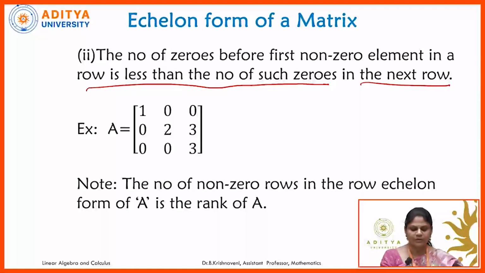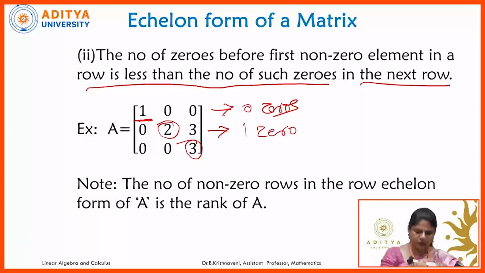Here you are getting 3 rows. In the first row, this represents the first non-zero element. Before that, how many zeros are there? There are no zeros. In the second row, the first non-zero element is 2. Before that, how many zeros are there? One zero. And in the third row, this is the first non-zero element.